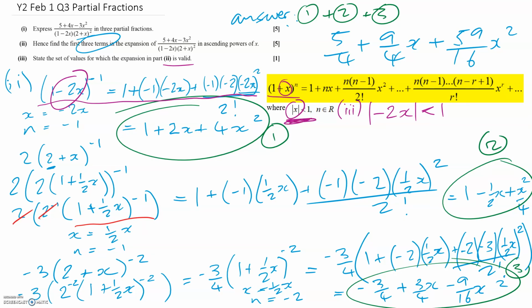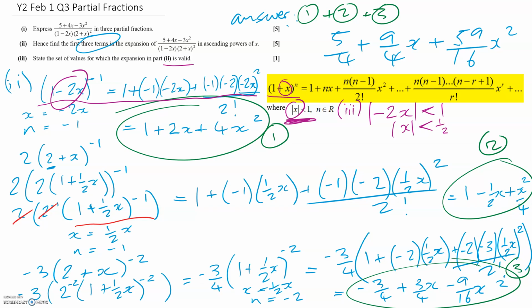Now, because there's a modulus sign there, the minus sign doesn't really make any difference. The modulus is going to make it positive anyway. So if we just divide both sides by 2, we'll get the modulus of x is less than a half.